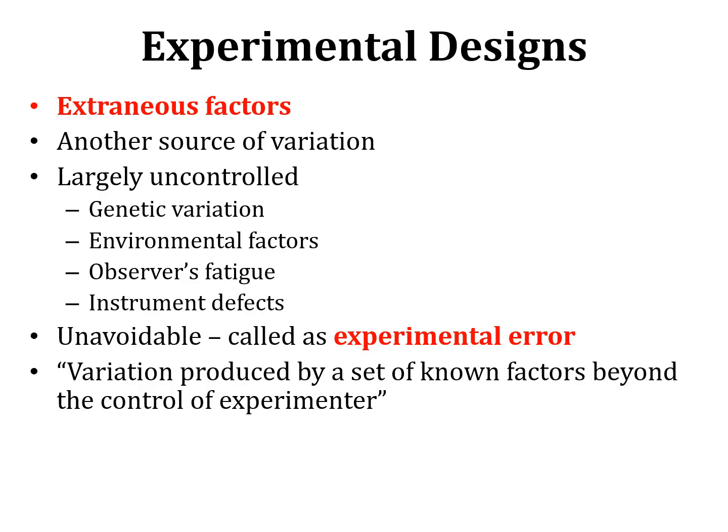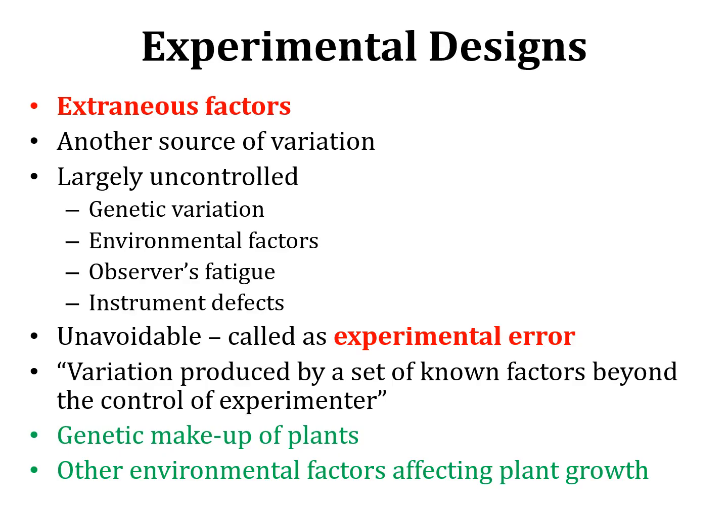These are examples of sources of variation that we know of and cannot control. They are unavoidable, and they result in experimental error, which is one source of variation. For example, in this case, the genetic makeup of plants and other environmental factors that affect plant growth are examples of extraneous factors that can result in experimental error, a source of variation among the responses of different experimental units.